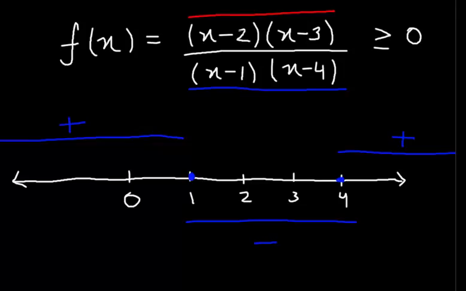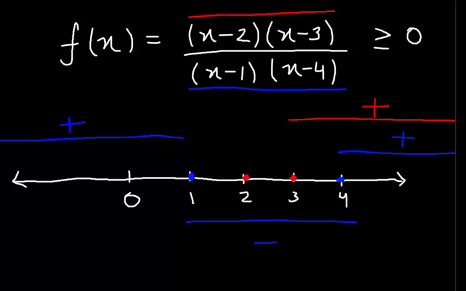Let's do the same thing for the numerator function. First, let me plot its roots 2 and 3. Now again, starting from the right hand side, from 3 to infinity, each of these factors is positive, so we can just label a red sign.